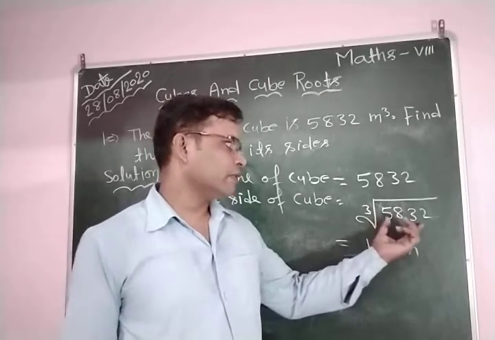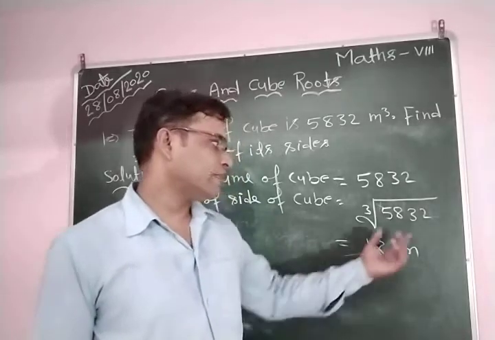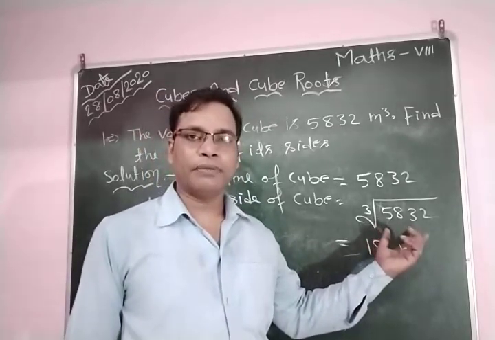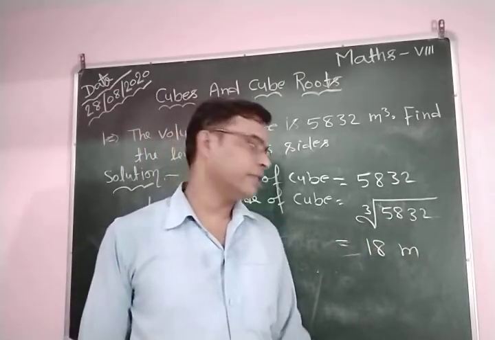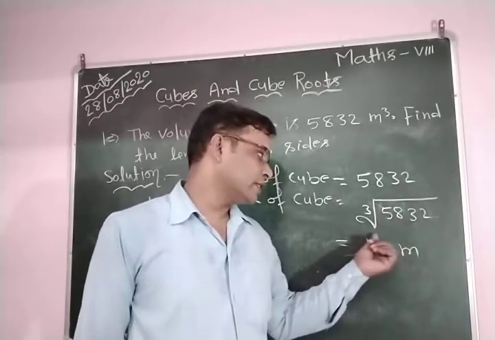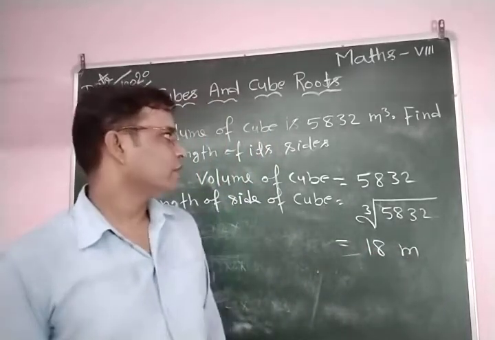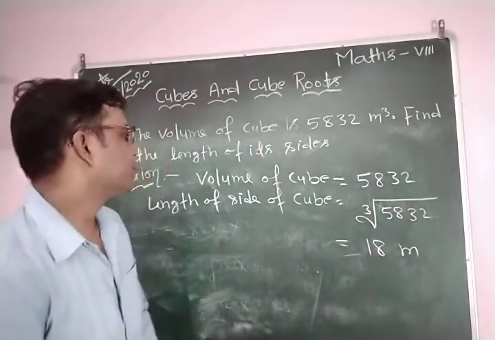So here volume is given, 5832. First you find the prime factorization of 5832. After this we find the cube root of the given number, and this cube root is the length of side of the cube. So I hope all of you understood these questions.